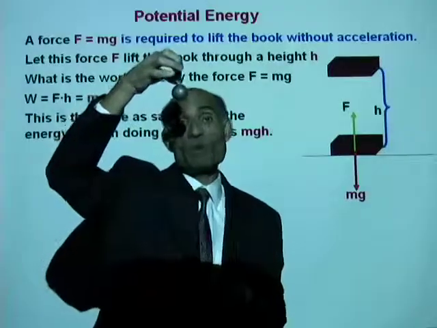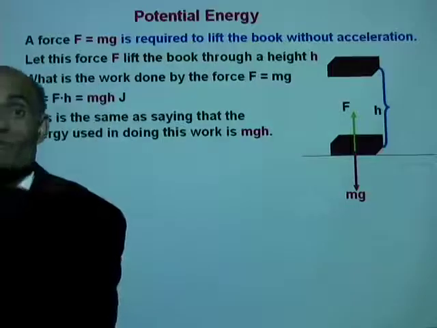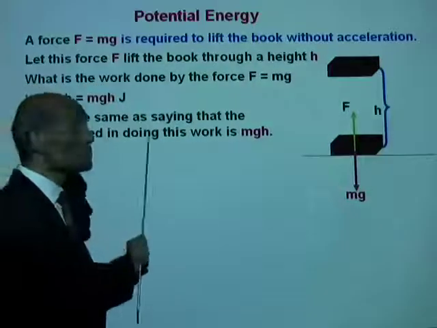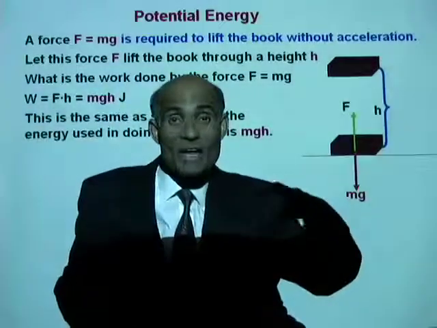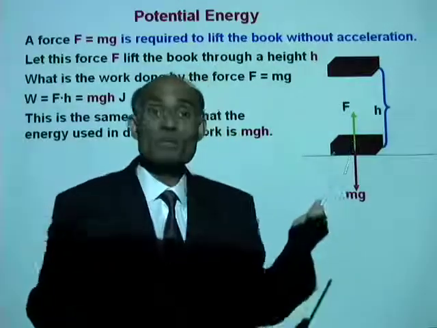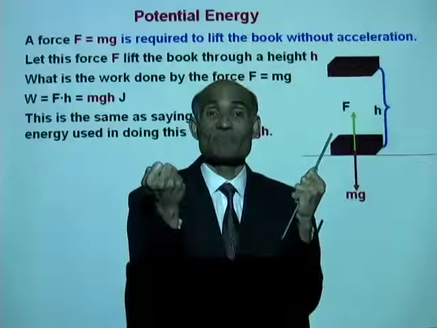So the amount of work done to lift this object through a height h is the same as the energy used in doing this work. Now remember, work done and energy used up are the same thing. When I'm doing work, I'm using up energy, right?